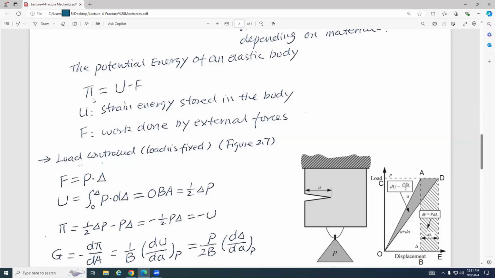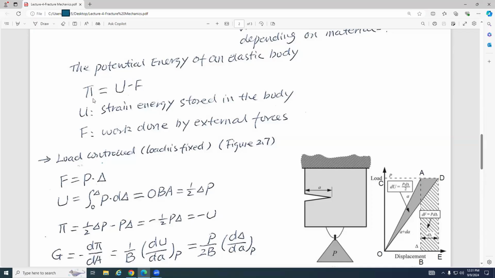It stands for the work done by the external force. If we know the strain energy and also the work done by the external force, we will know the potential energy of the whole system. So this is the equation: Π equals U minus F.